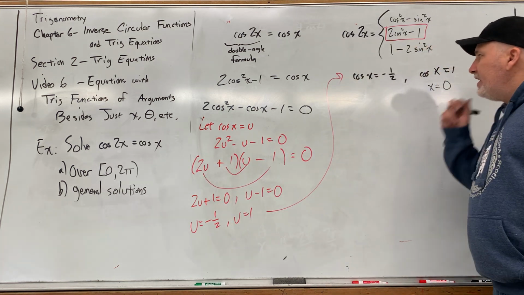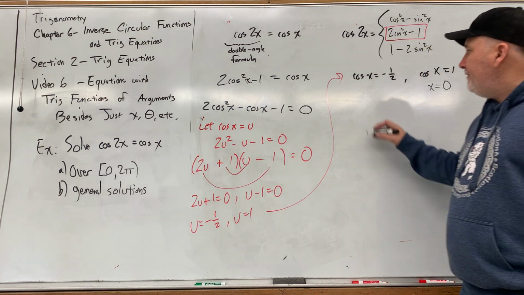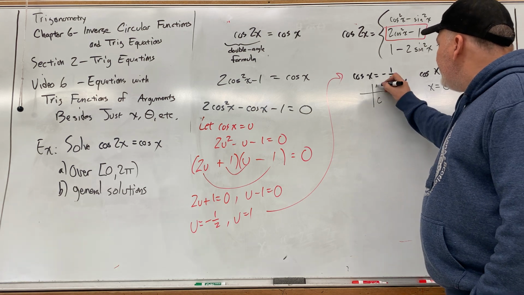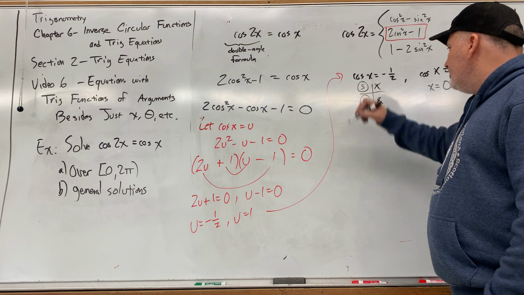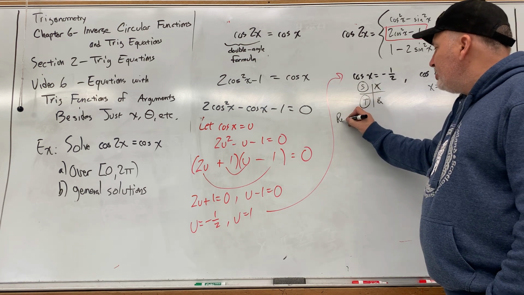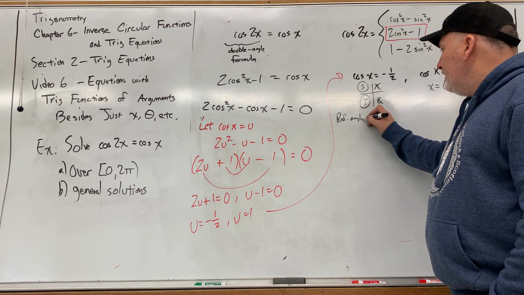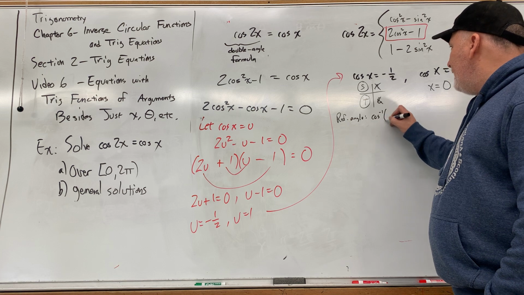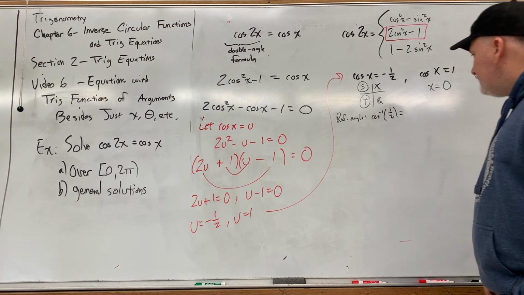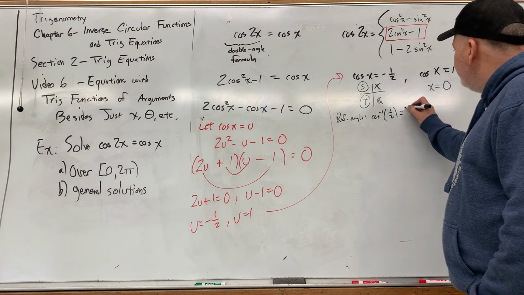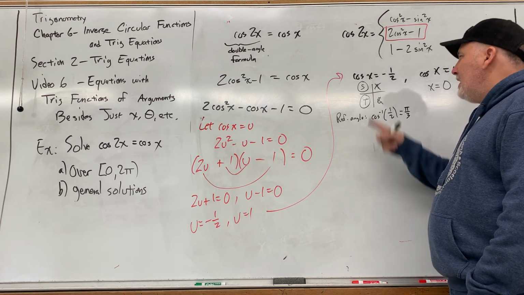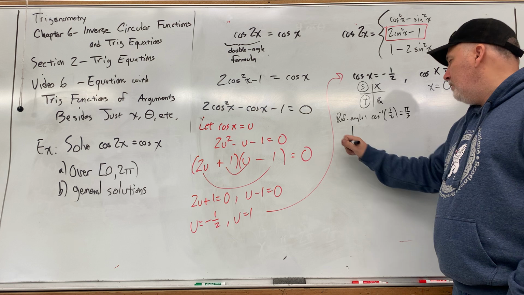And as far as the negative 1/2, because cosine is negative, we would not want quadrants 1 or 4, so we're looking at quadrants 2 and 3. And our reference angle is going to be inverse cosine of the absolute value 1/2, which I believe is pi over 3. So we need to place pi over 3 in quadrants 2 and 3 and measure them.